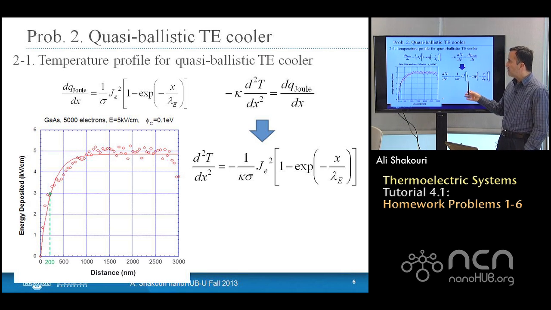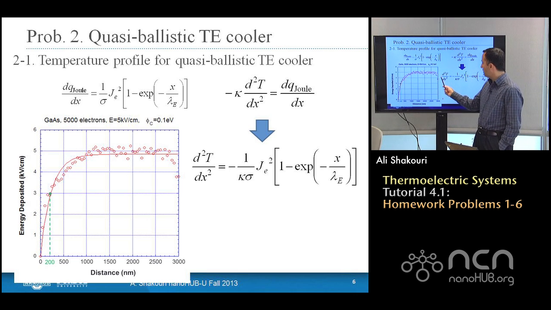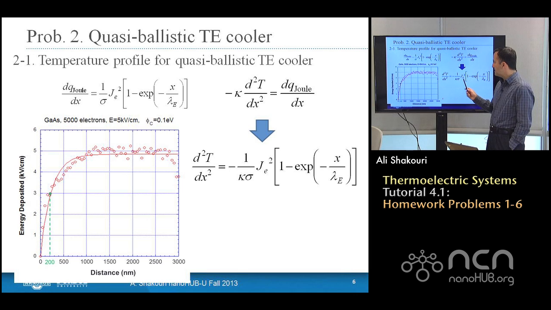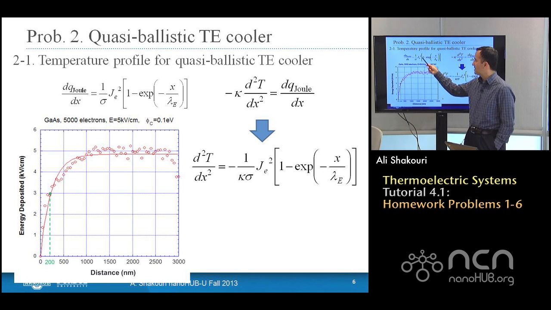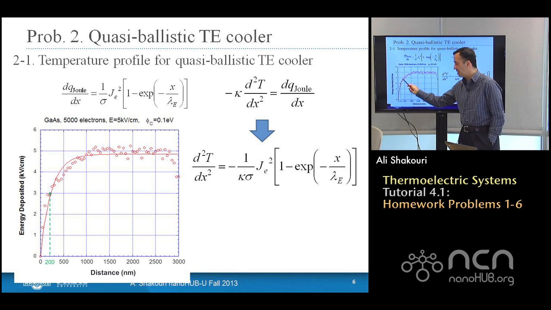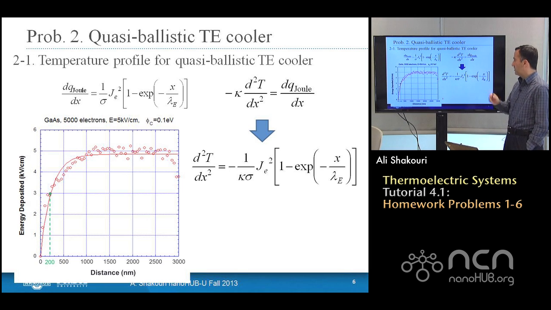Comparing to the previous case, where the second order derivative of temperature with respect to distance was just a constant Joule heating, now the Joule heating has a spatial dependence: a constant times 1 minus exponential of this. This is the red solid curve here.